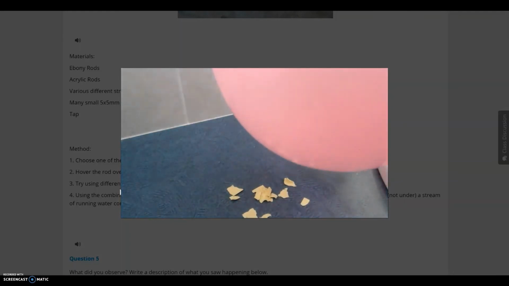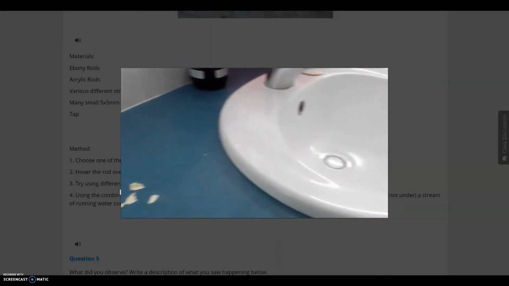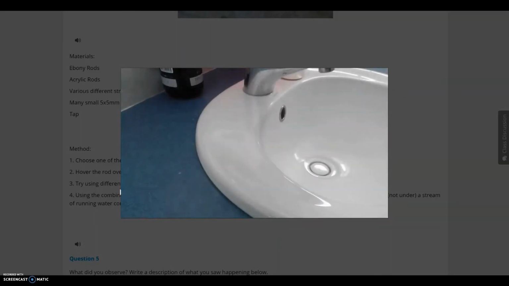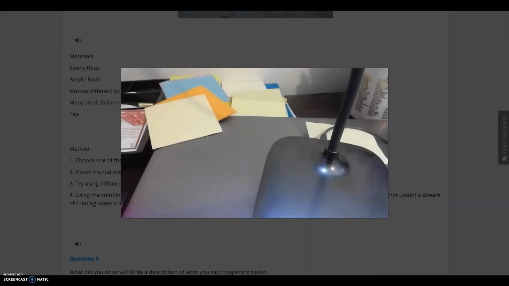Just instead of a rod, you charge a balloon and see the same thing. The second half of this experiment involves charging a rod and then putting it next to a tap of running water. Don't let it go under the tap, put it next to the tap and see what happens. Once again, this is for the people with the rods. Those with the balloons, don't do the tap one.